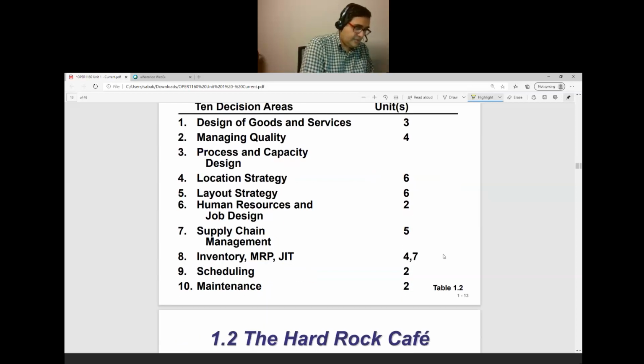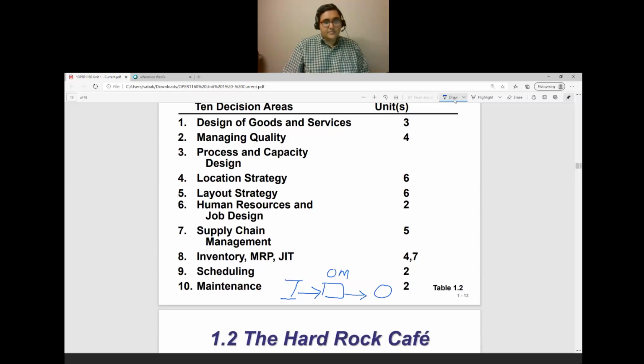Now, I'm just repeating the same thing. Whenever we discuss operations management, always remember this block diagram: input, the block diagram, and the output. Whatever happens inside this block diagram is your operations management.